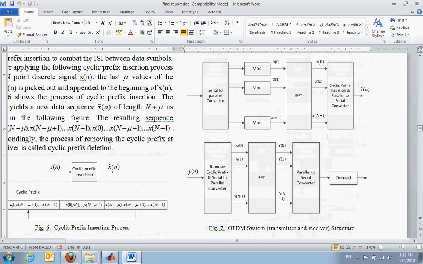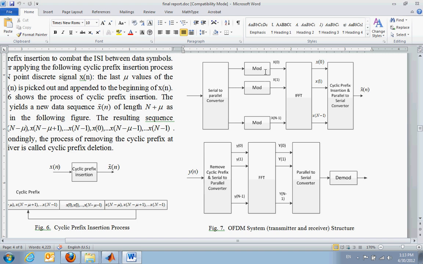In my system, I used N equal to 128, which means I have 128 orthogonal subchannels here, and at the transmitter, by doing inverse FFT, I generate the orthogonal substreams, and at the receiver, by doing FFT, we get back the 128 symbols.